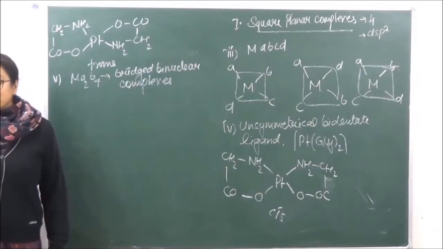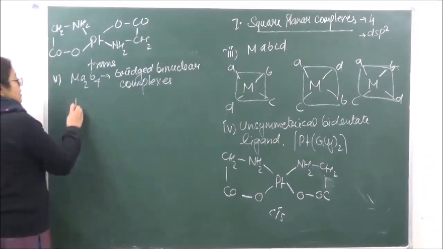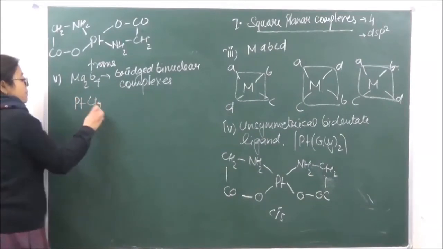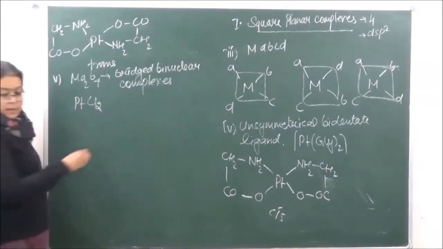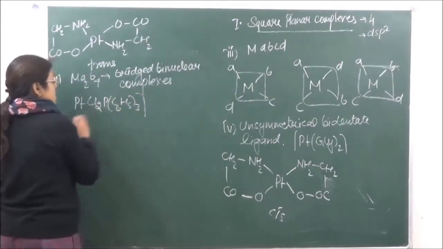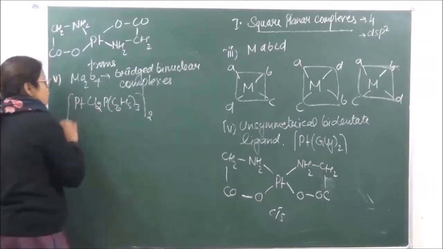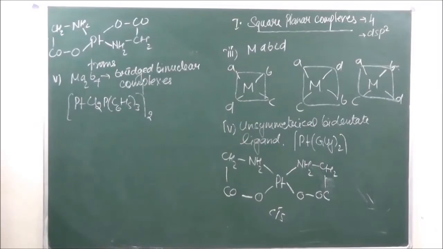So let's take an example over here. We can take the example of PtCl2 triphenylphosphine. So this is going to form a bridged complex over here.